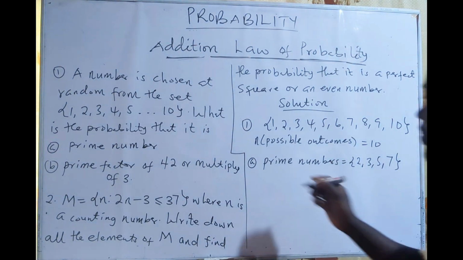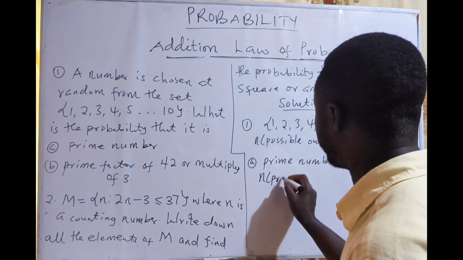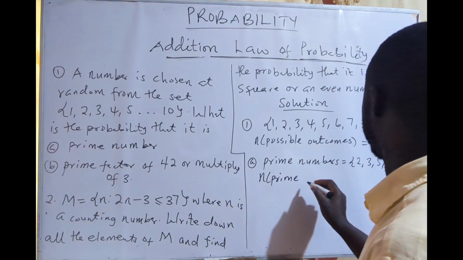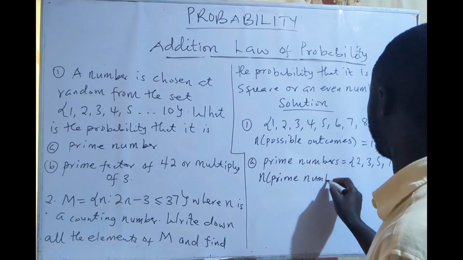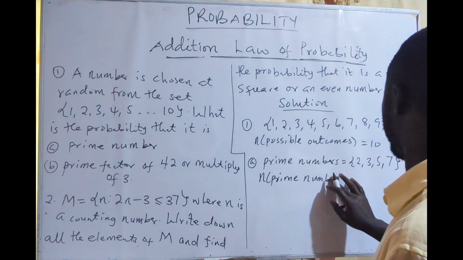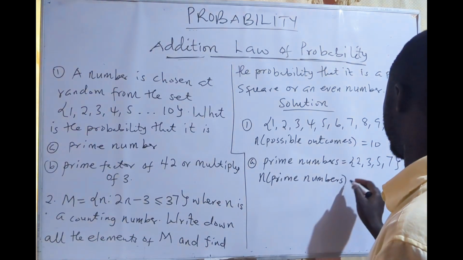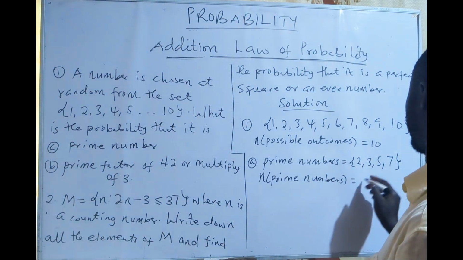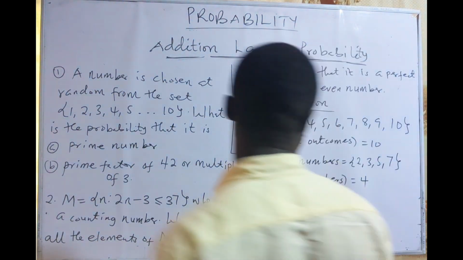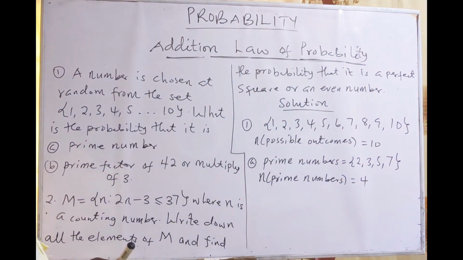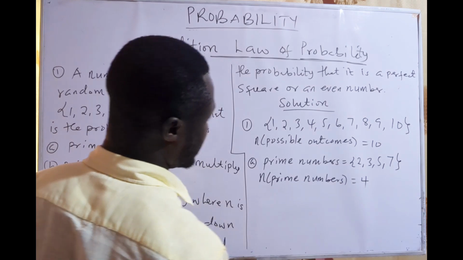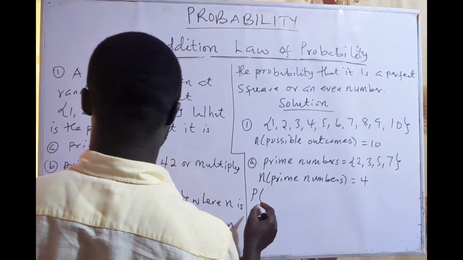Okay, so the number of prime numbers: one, 2, 3, 4. So we have 4. The number of prime numbers is 4. Then we find the probability of a prime number.